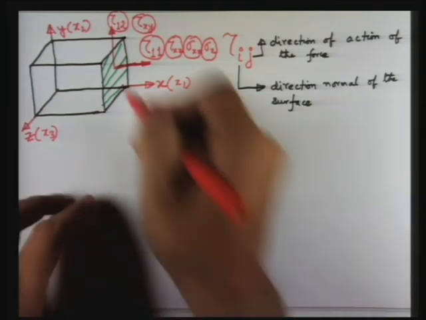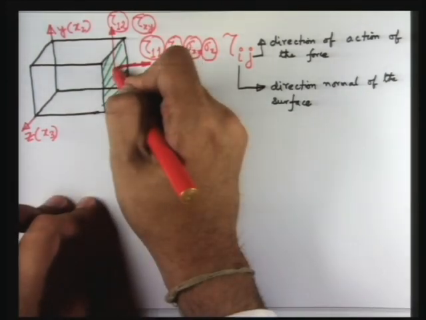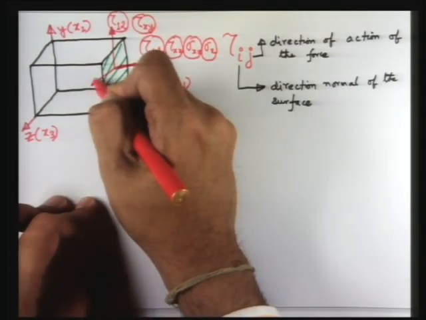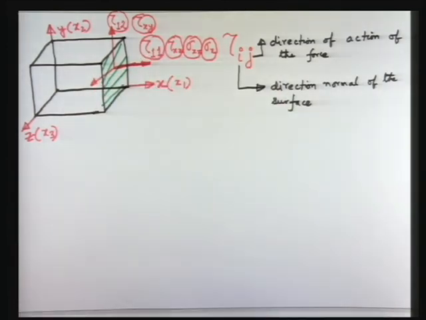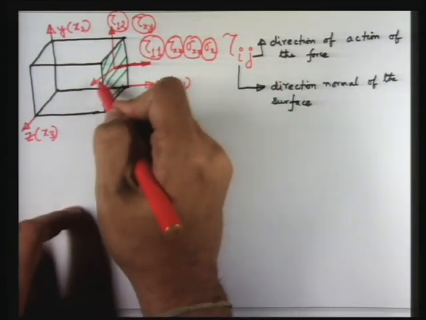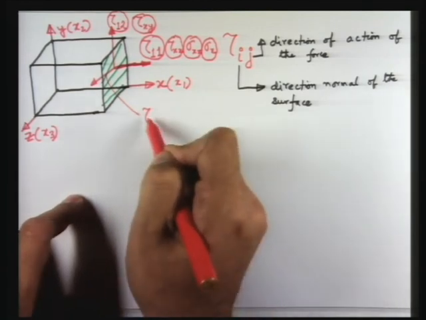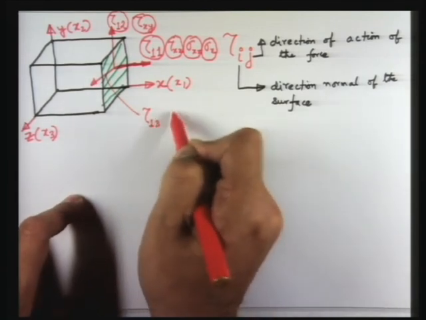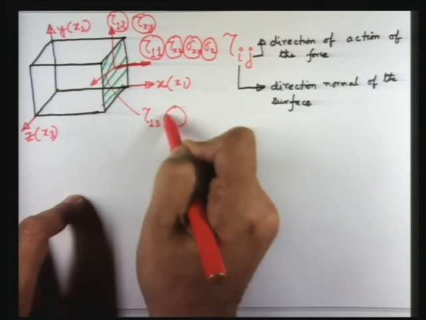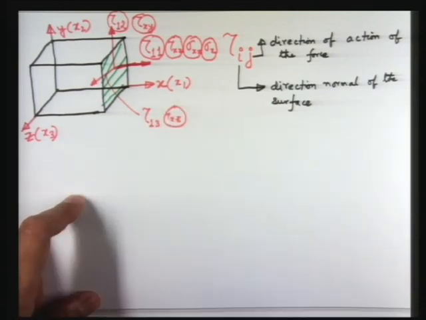Let us complete by showing the third component. So we can very quickly figure out what is this. Tau 13 or tau xz, right?